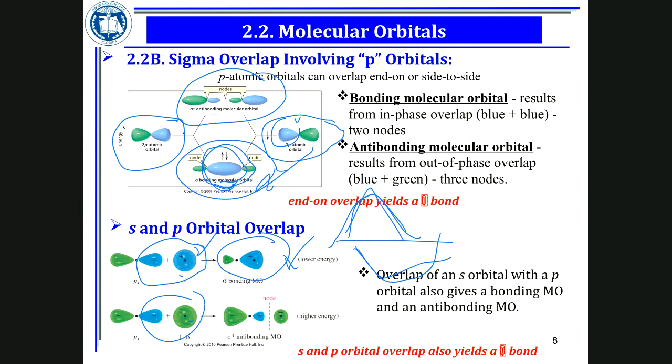All I'm trying to introduce to you, even though I'm not going to emphasize molecular orbitals a lot, is that later, when we talk about the stability of the molecule, it depends on where the electrons are.